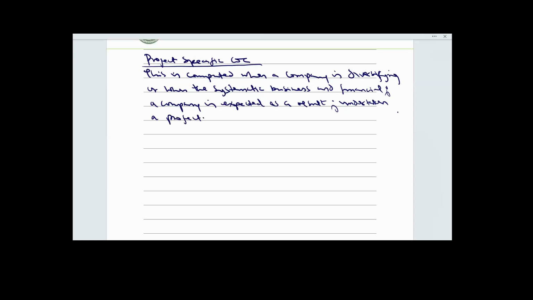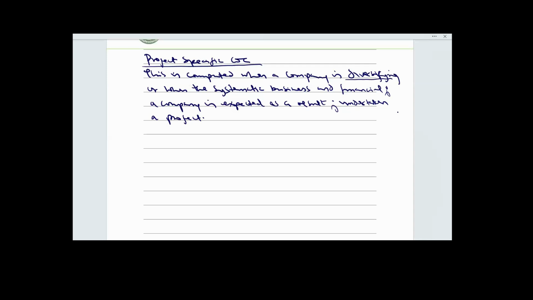The key point here is diversifying. The examiner will surely tell you. If the examiner did not mention diversifying, you may be told that company XYZ operating in communication is contemplating embarking on projects in, for example, another industry different from the existing one.